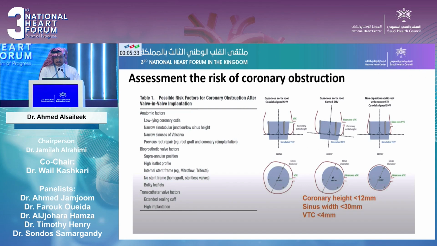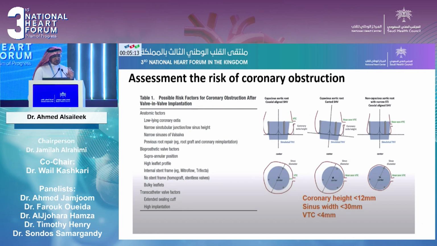One of the most important areas of assessment is the risk of coronary obstruction. This is a bit complex, and you need to know the relationship between the bioprosthetic valve, which is inserted there, and its leaflets, and the coronary ostia.